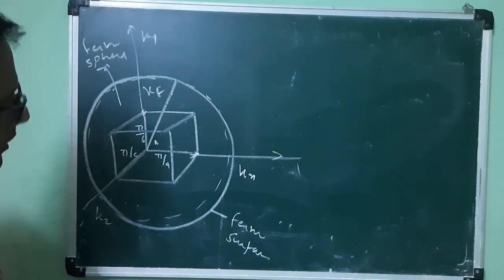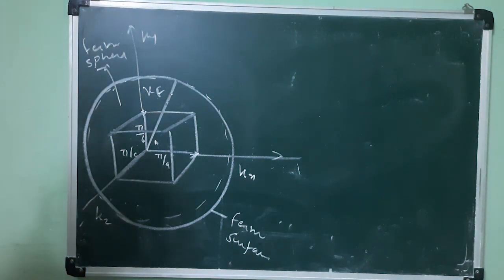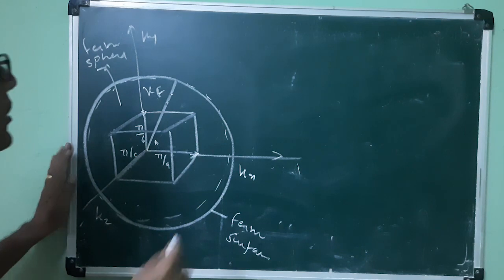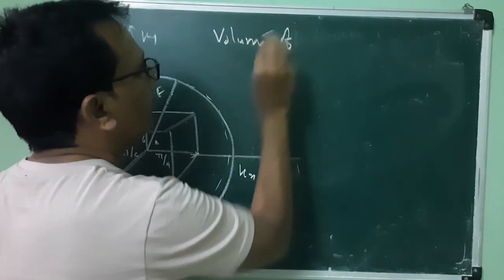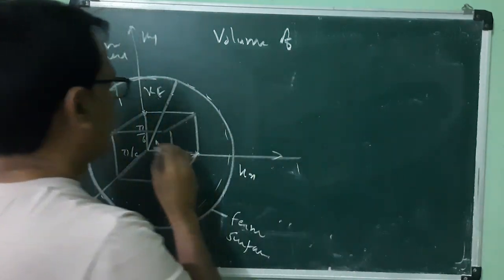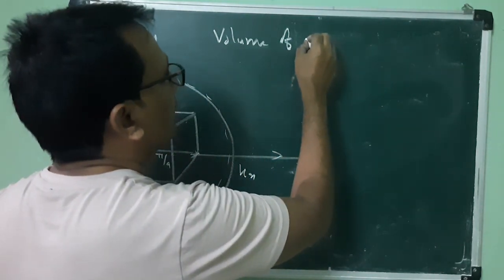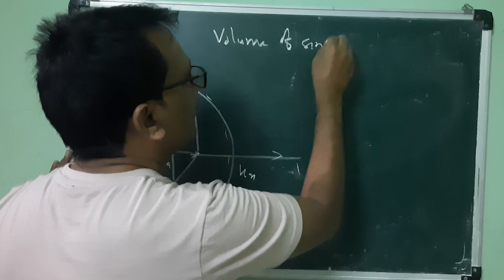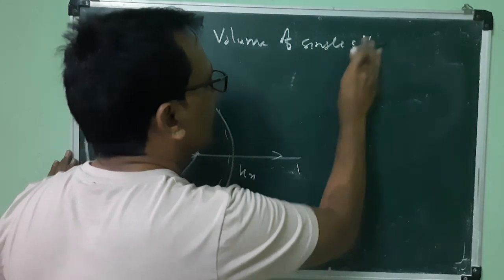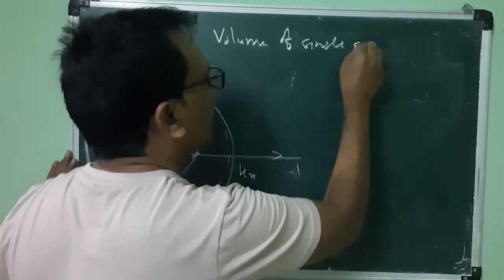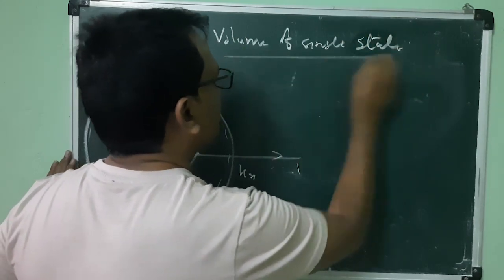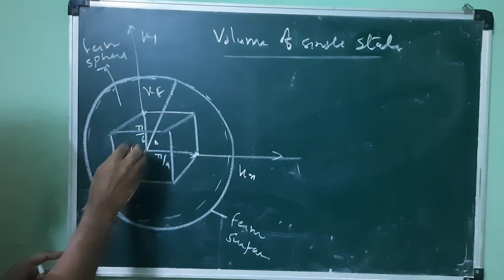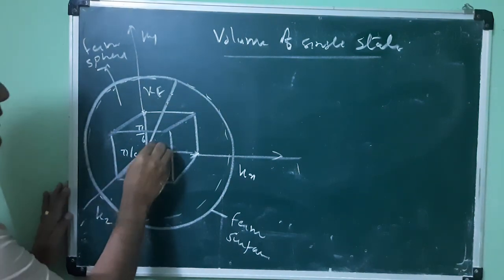So now let us try to calculate the volume of these two. So the volume of this single state. So we are just taking one small part where one electron is. So this is the single state.